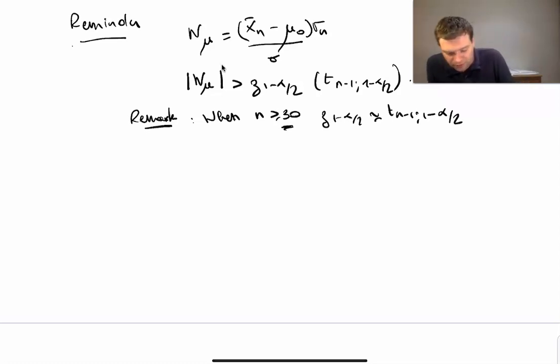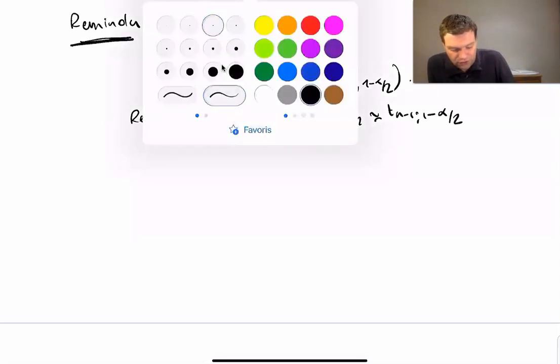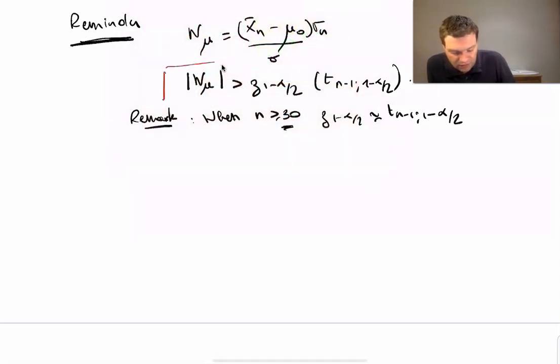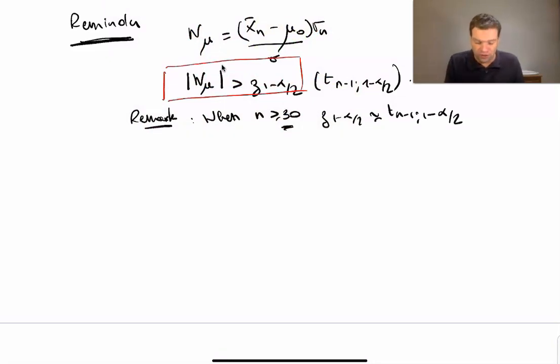This reminder gives us here the critical region. This is a rejection region, but which is also named critical region. The critical region that we have seen up to now is this region, critical region for a test for a mean of the variable that we study.